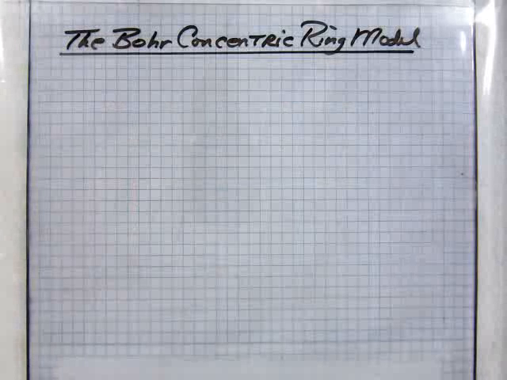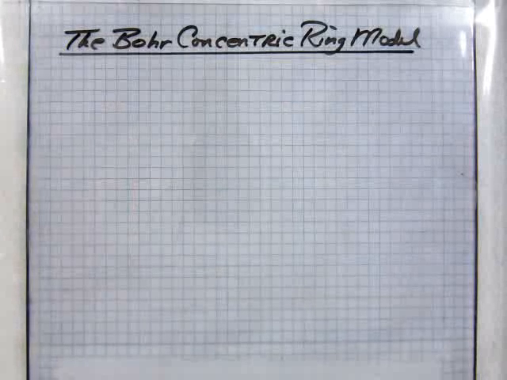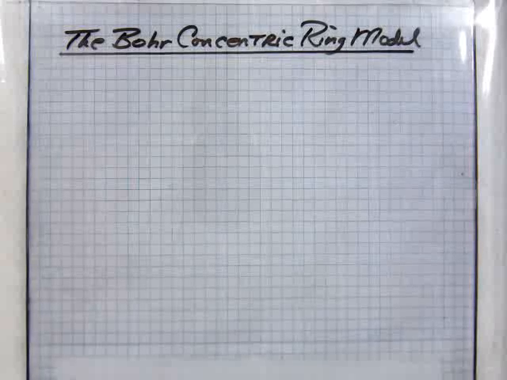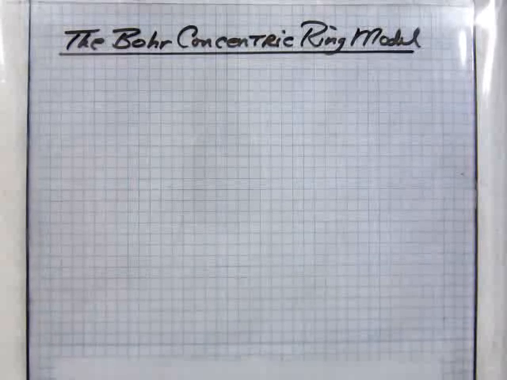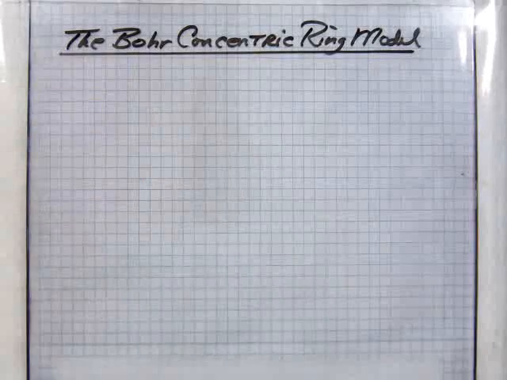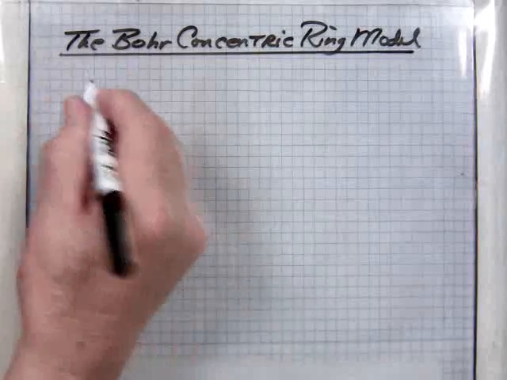The simplicity of the Bohr concentric ring model is based upon what we call the understanding of the bright line spectra of atomic structure that is emitted from atomic structure.